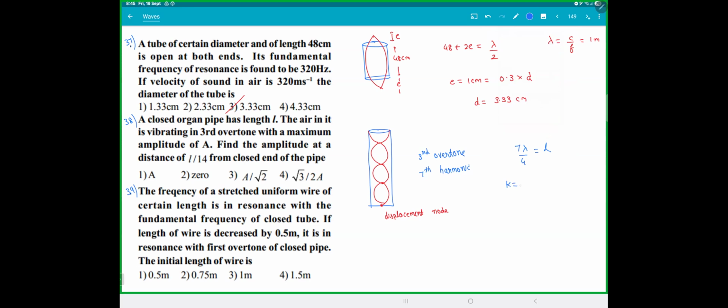So k will be 2 pi by lambda. That would be 7 pi by 2L. And we know amplitude is 2A sine kx, but he gave you the maximum amplitude is A, which is A sine kx.